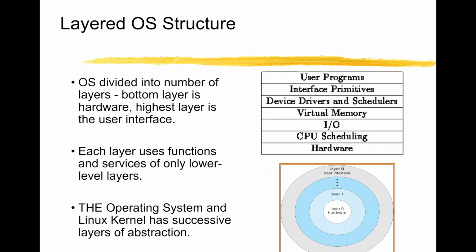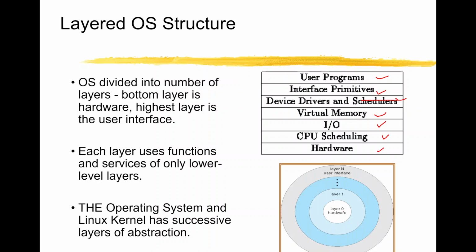The Linux kernel has successive layers of abstraction. So in Linux, you have the user programs talking to interface primitives, device drivers are here. Then you have the virtual memory layer, the I/O, the CPU scheduling, and then the hardware.